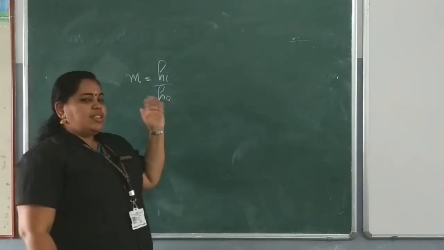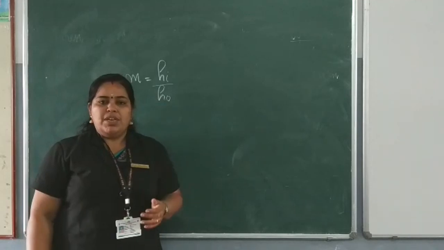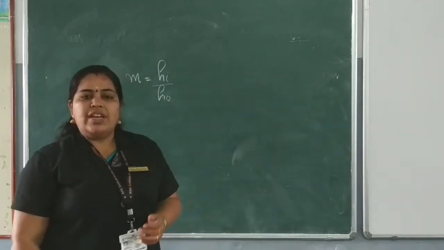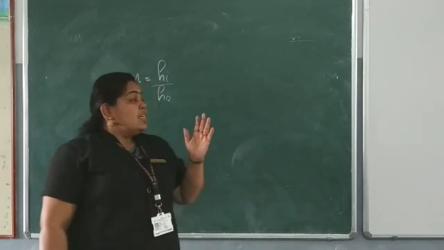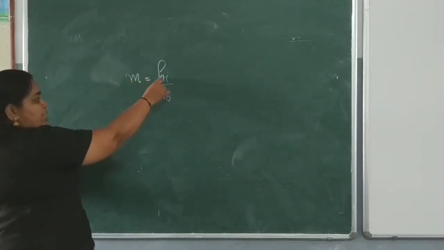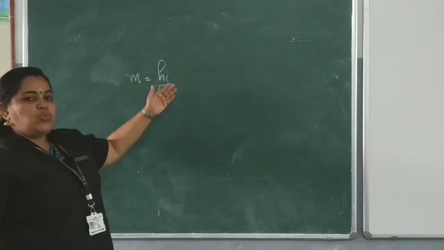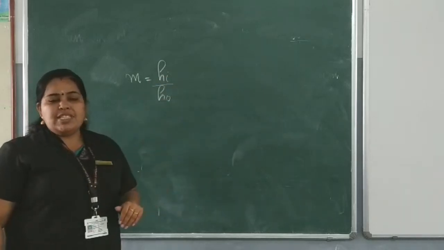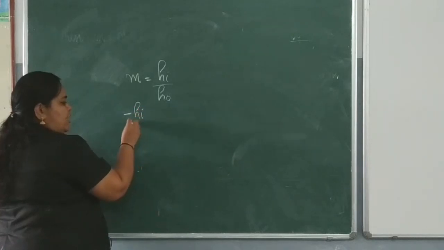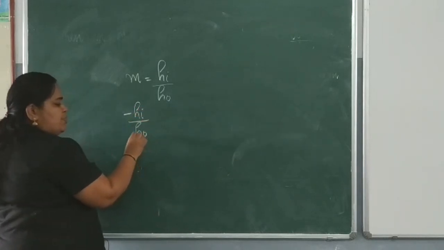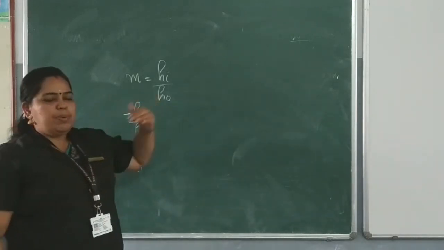Let us see whether this height of the image or magnification is related to this V and U. Okay, see here, height of the image. Image will be below the principal axis, so we will be writing it as minus HI by HO. HO is positive because it is above the principal axis.